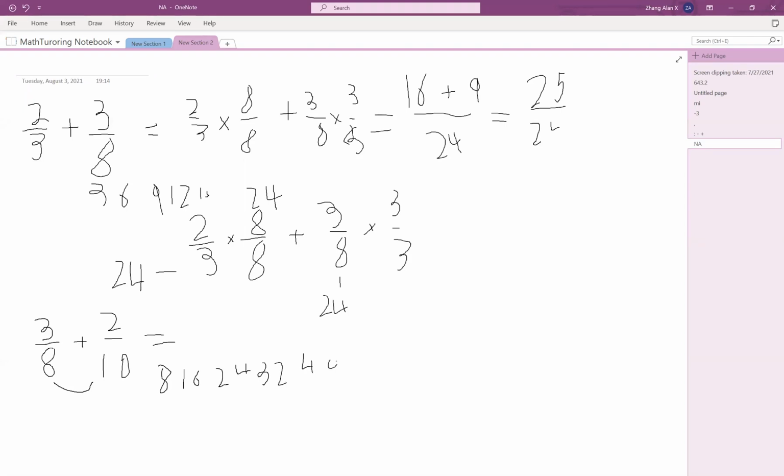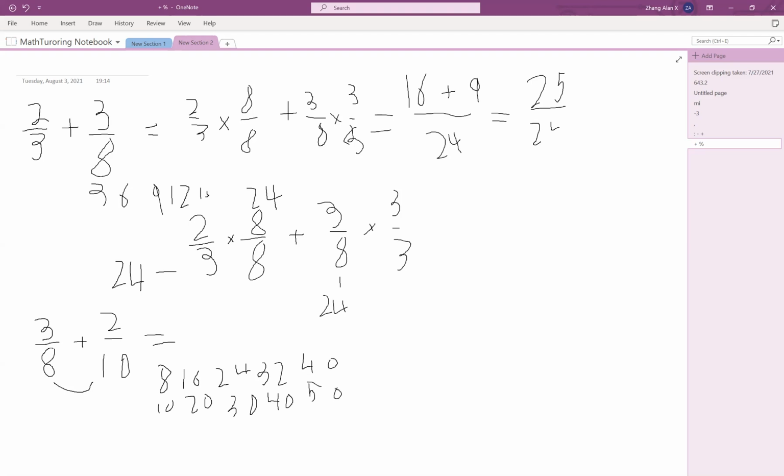Then for the 10, it's 10, 20, 30, 40, and 50.